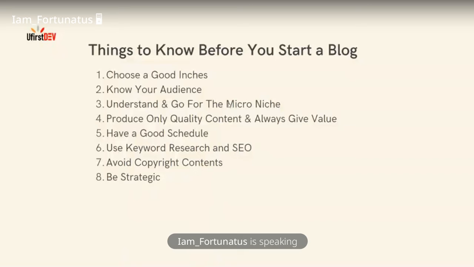From your niche, move to your sub niche, then move to your micro niche. Your niche should be, let me say, entertainment. Then your sub niche should be the music industry. So focus on that, and your micro niche could be generally on the music industry.